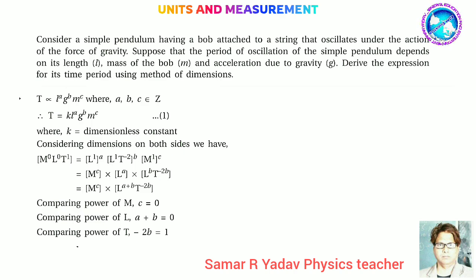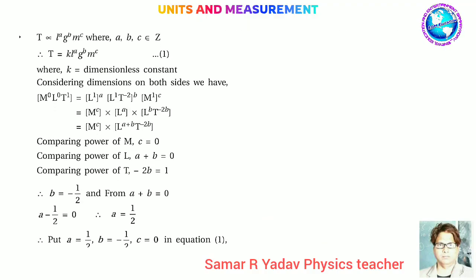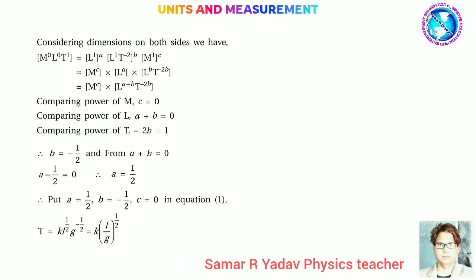Comparing power of M, c is equal to 0. Comparing power of L, a plus b is equal to 0. Comparing power of T, minus 2b is equal to 1.